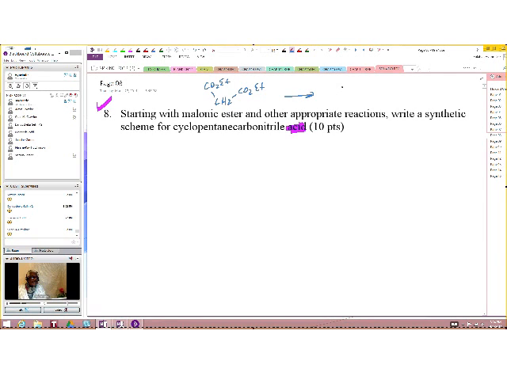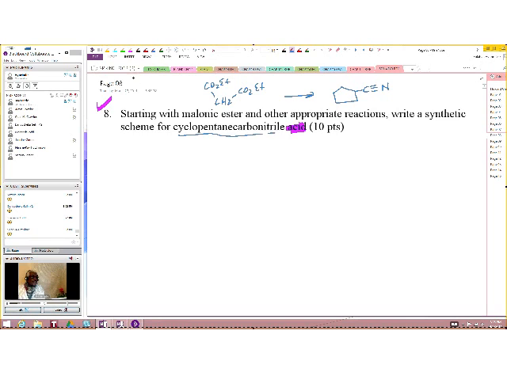So you need to know what the structure of this compound is. In other words, they are also testing your knowledge of nomenclature. Okay, so that is cyclopentane carbonitrile.